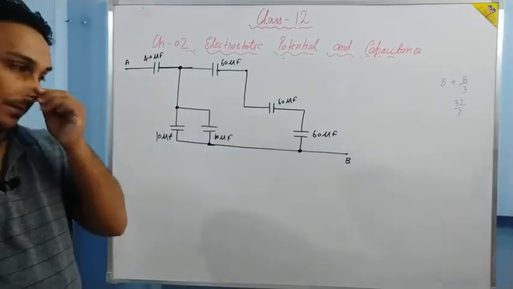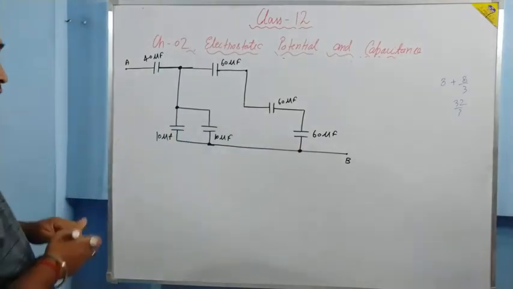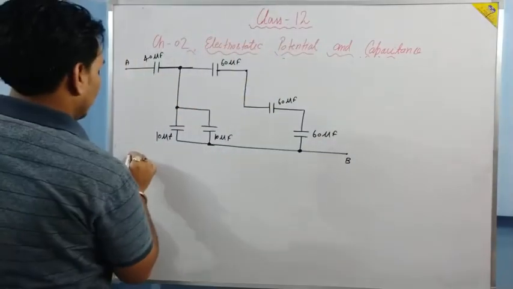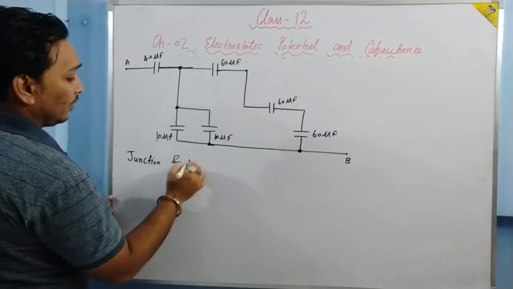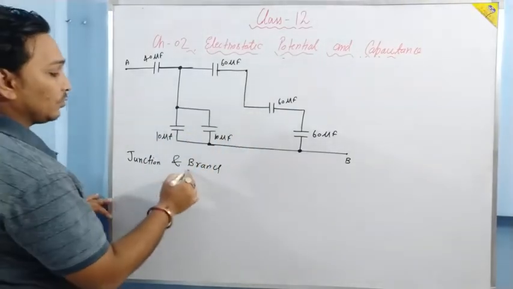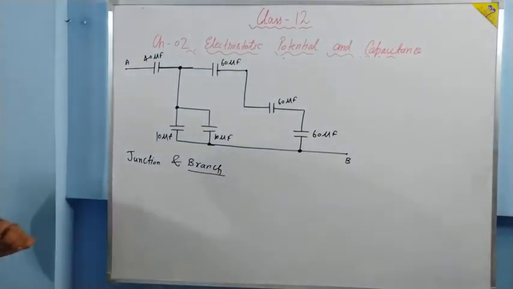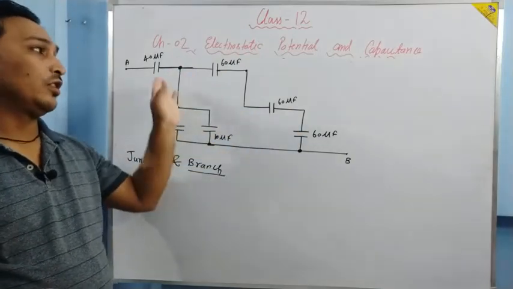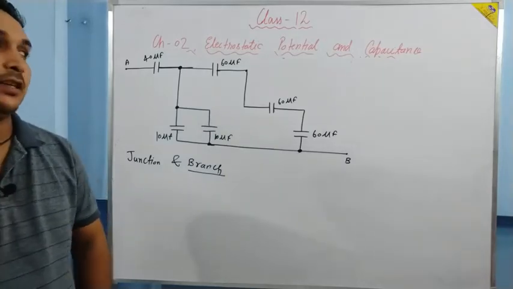Is it clear? The wire connecting two junctions is a branch. Junction and branch, you have to understand that. Junctions I have marked. What is a branch? To connect two junctions, one branch is there. So this is one branch only, and all the capacitors lying in the same branch are in series.